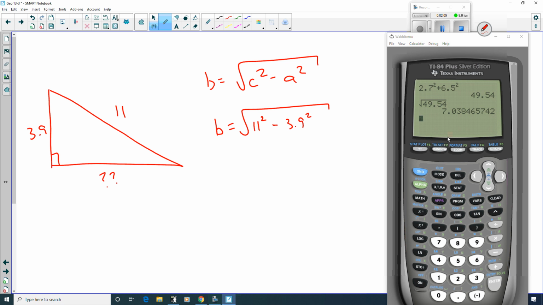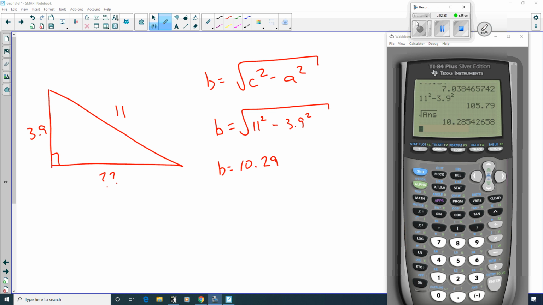And so now in my calculator, I'm going to go 11 squared minus 3.9 squared. That's 105.79. And then I can square root 105.79, or this time I'll use the answer function and get 10.29. So B in this case is 10.29.